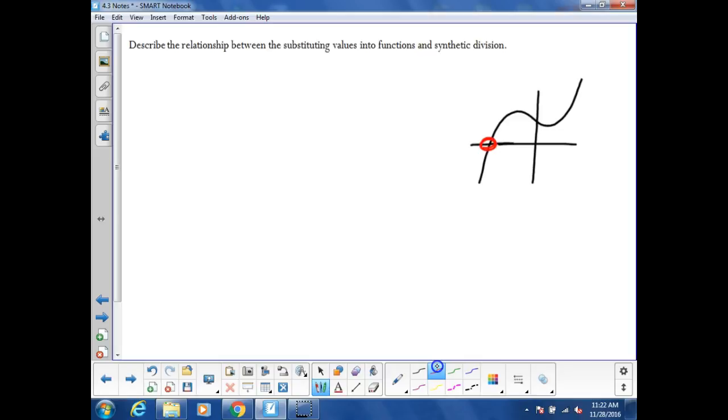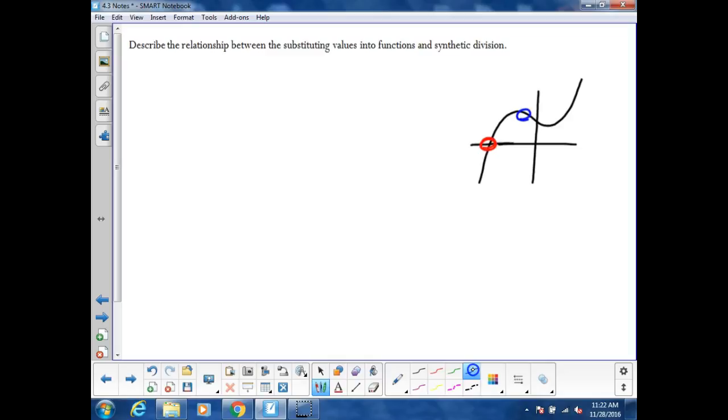But if I'm not at those points, if I'm somewhere over here, it's going to give me some other value. Now, if you think about it, when you synthetically divide a 0, a solution, a root, an answer into the function, what does that end result give you?